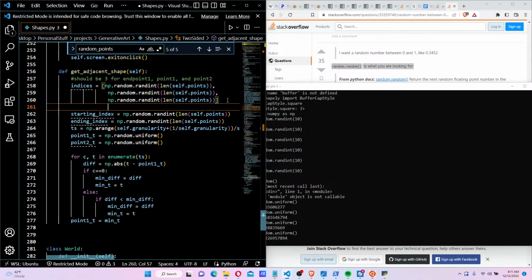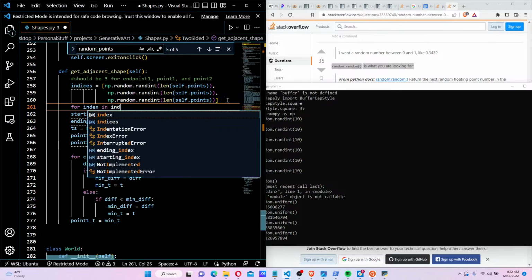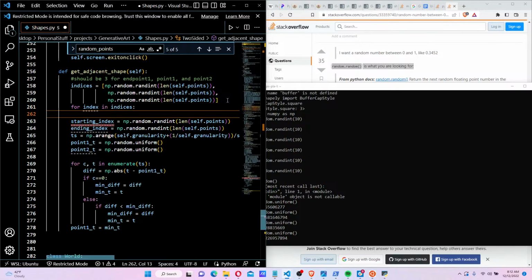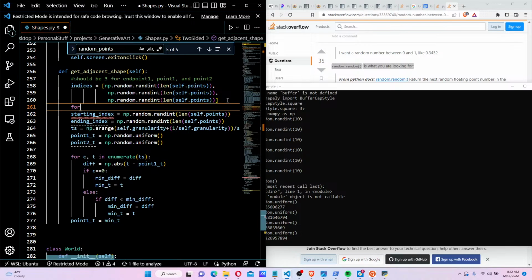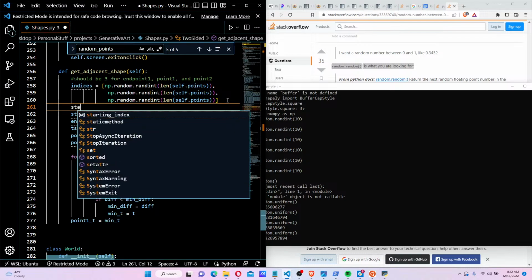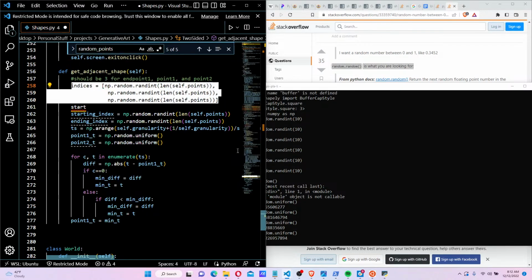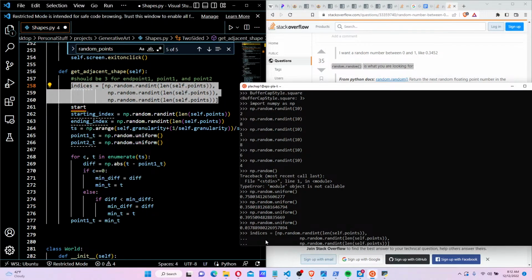Now, for index in indices, so we want the biggest index. So let's copy this. Just gonna put it in there.